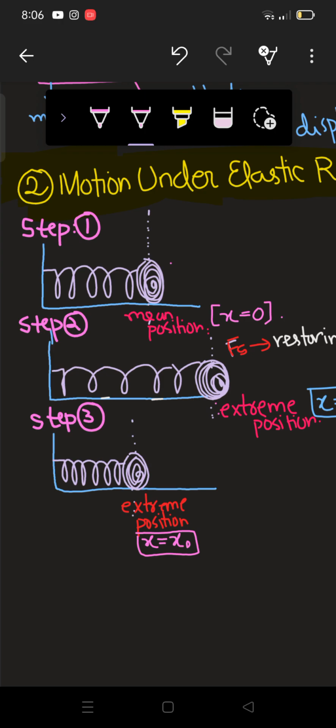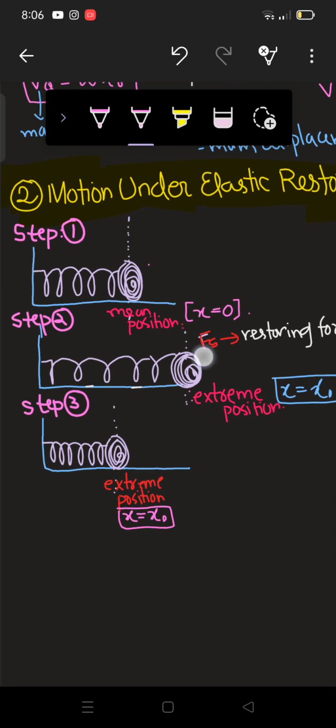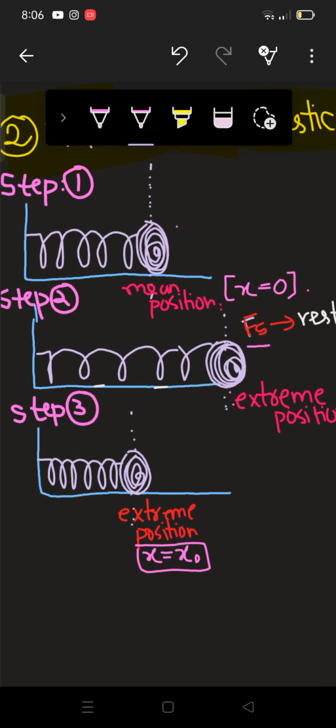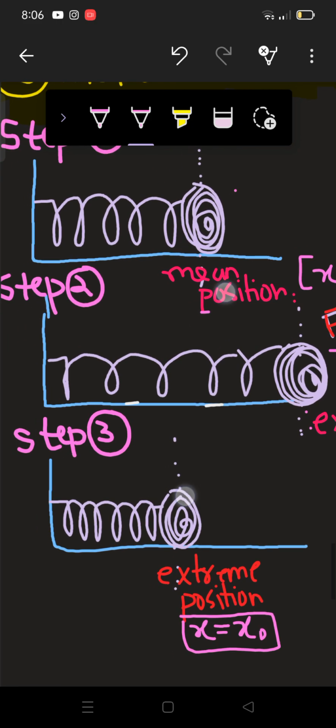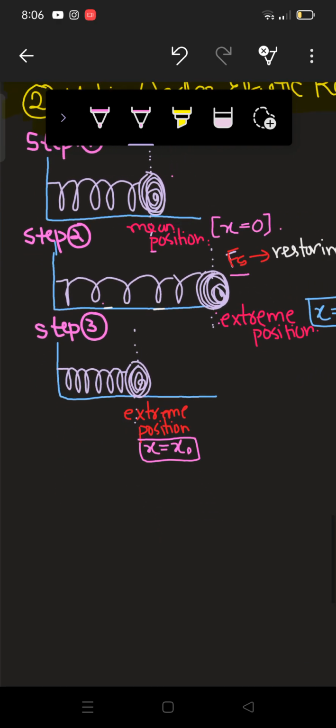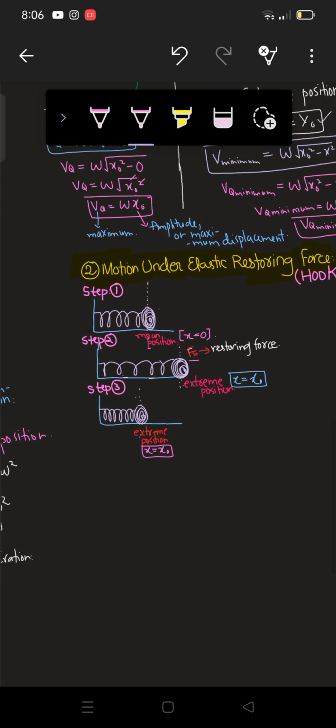When we leave the body, it will have some force known as restoring force, which will restore the body to its original position. But if we leave this body, it will not go directly to the mean position. However, it will go here, since this is an elastic spring. So now the body is again at its extreme position. So now we have understood this basic figure of the mass spring system.